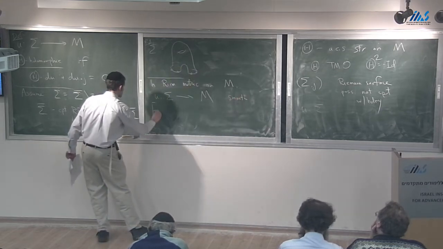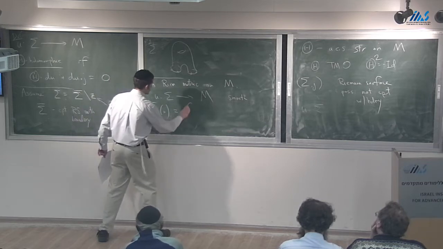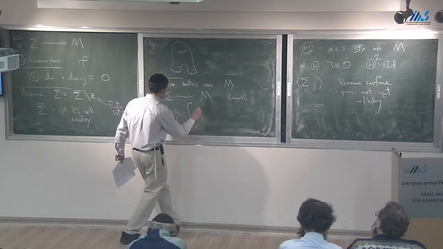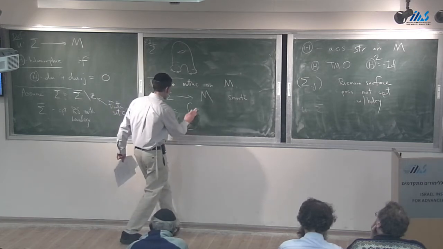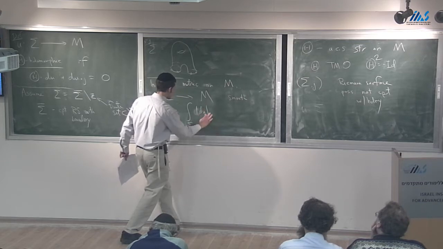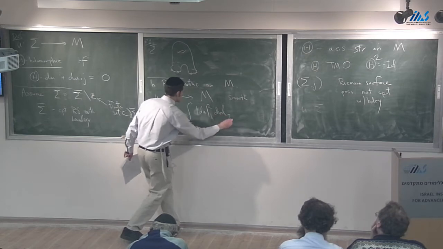Then you can define the energy of this map with respect to H to be the integral over sigma of |dU|_H^2 times the volume form of sigma.